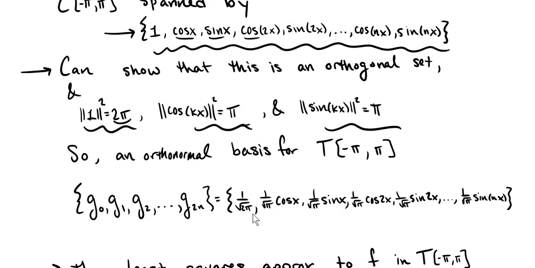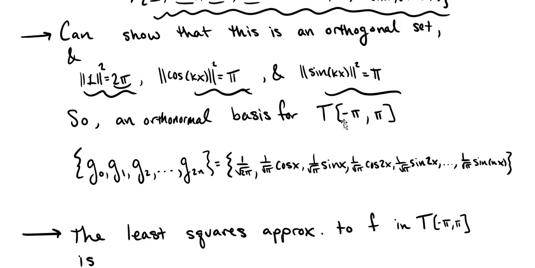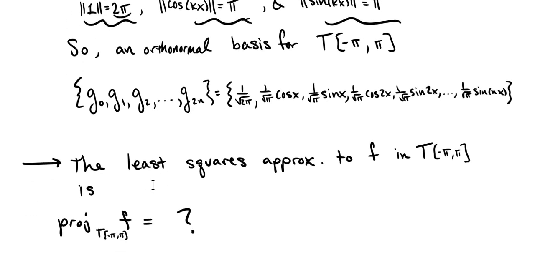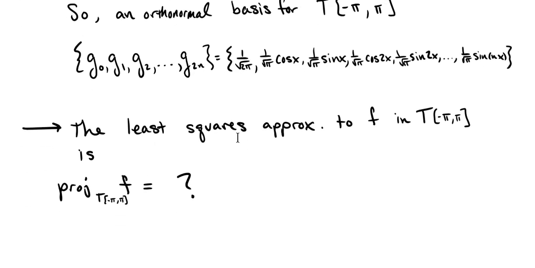Okay, I won't write out all the details. But that gives us this orthonormal basis for this subspace that we're projecting onto. So if we want to find the least squares approximation to f in this, all we have to do is take the projection of f onto each of these basis vectors and just add it up.